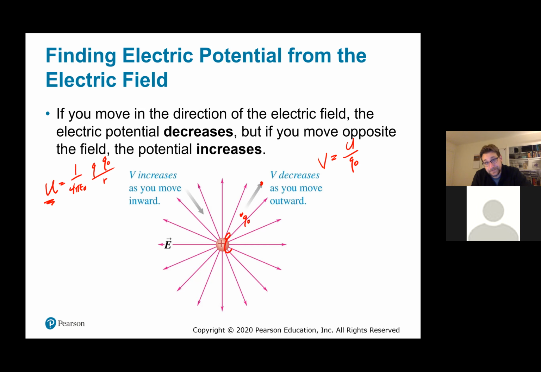What if Q0 is negative? Now, a negative charge moving outward from the positive charge. The product of the charges is negative, so the potential energy is negative. As we move farther away, R is increasing, which means our negative potential energy is becoming smaller in magnitude, right?